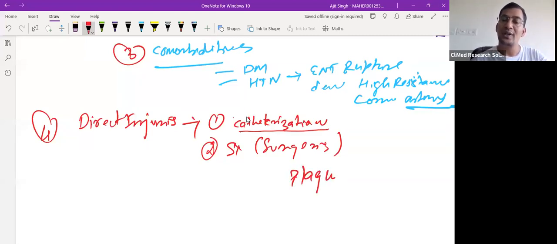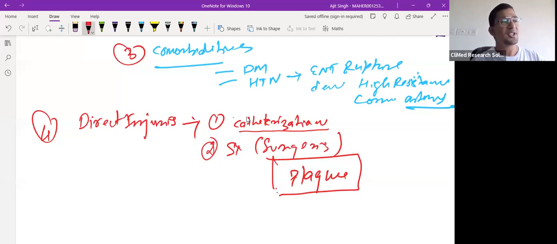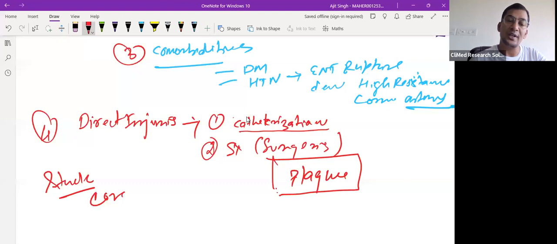So a small plaque can travel through your arteries and entire circulatory system, and come and get stuck in your coronary artery, or anywhere else, maybe in the carotid artery.